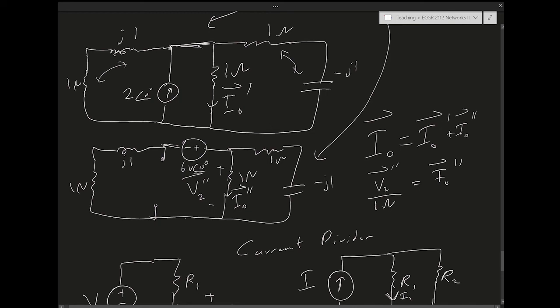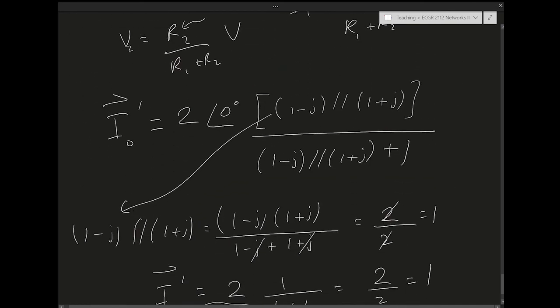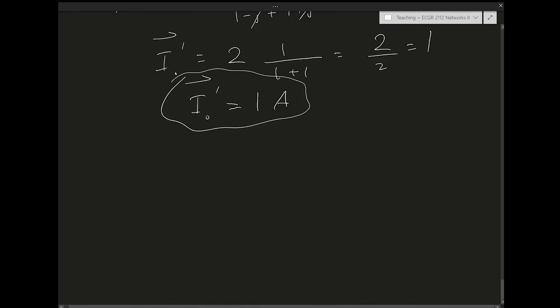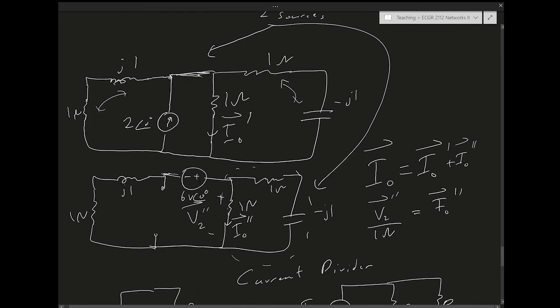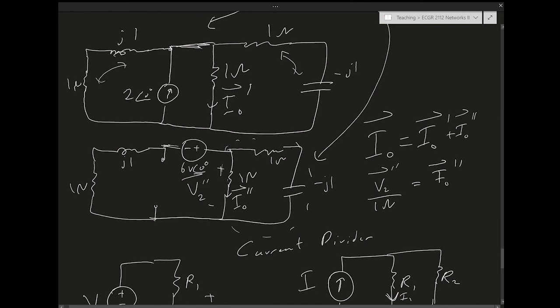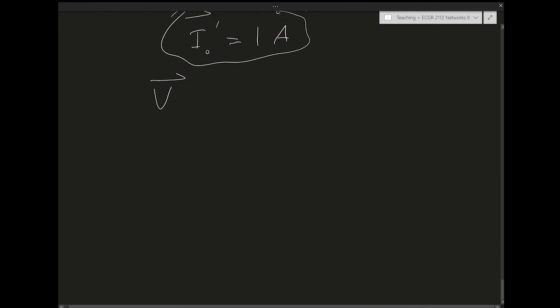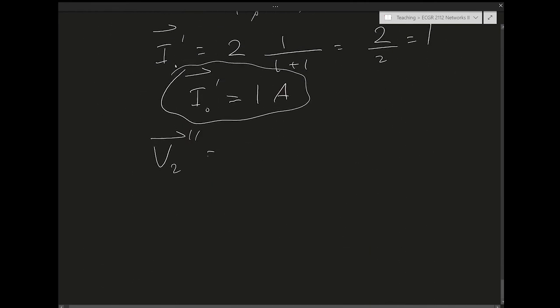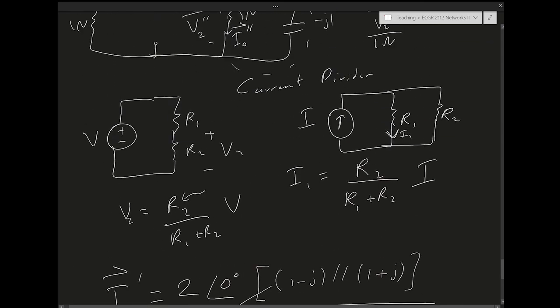Okay. How do we find V2 double prime? We just do voltage divider. We take this equivalent impedance divided by the total impedance. So let me write it down. V2 double prime equals 1. So what's this impedance here?